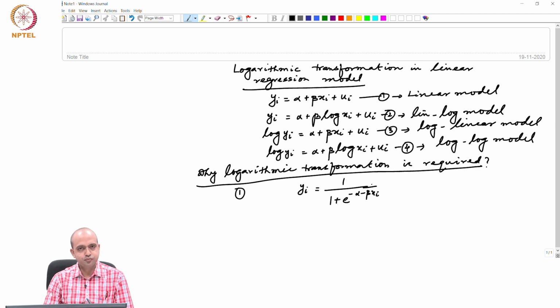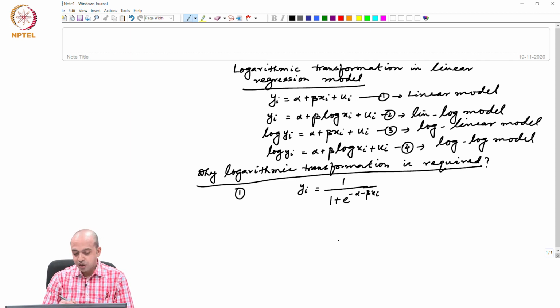This is your model. You can easily see that y and x are non-linearly dependent, and we have not yet learned nonlinear estimation. So, what will we do? We can linearize this model by logarithmic transformation.